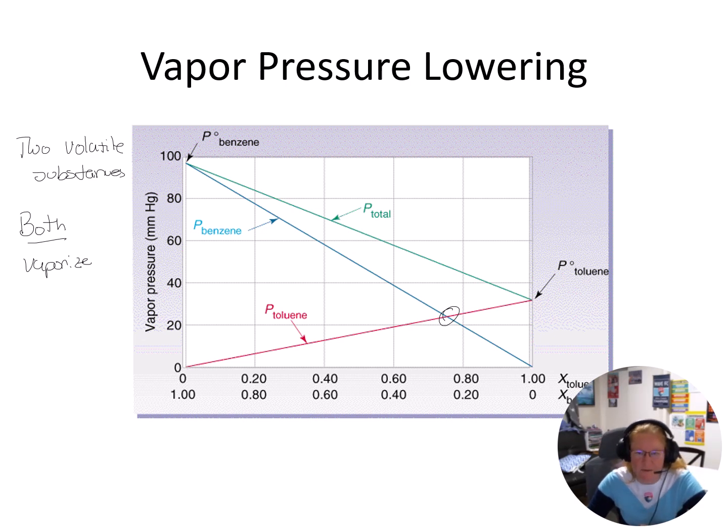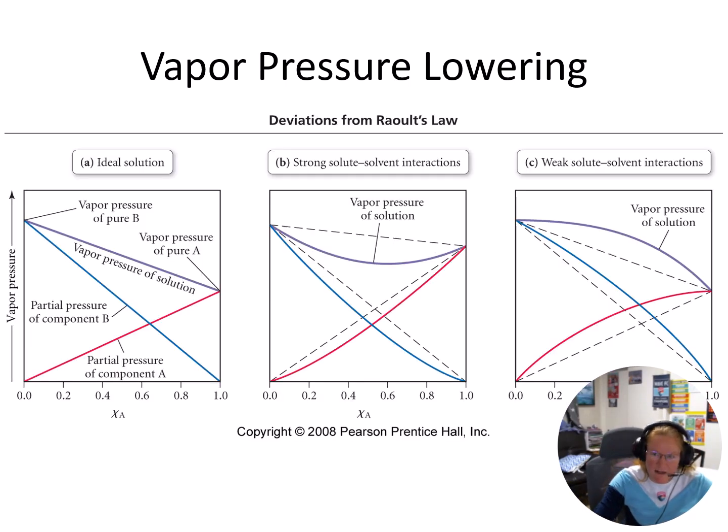But if I start with all benzene and no toluene, the vapor pressure is going to be the vapor pressure of benzene. As I get rid of benzene and I have more toluene, then my vapor pressure is going to be just the vapor pressure of the toluene and not the benzene. But as long as they're mixed, I'm going to get a combination of both because they're both in the vapor phase.